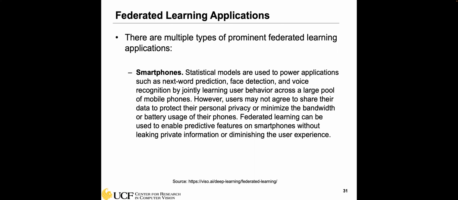We can do word prediction when you type text messages. So federated learning can be used to leverage this huge amount of data on the smartphone without leaking private information, as compared to sending the data to the cloud.